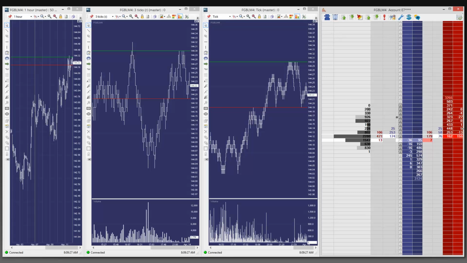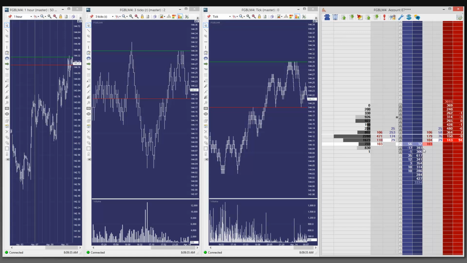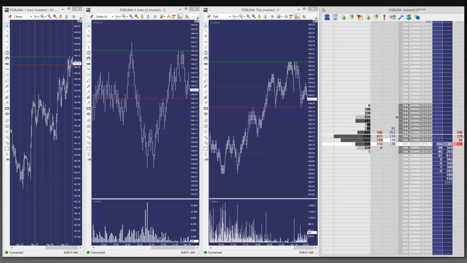In terms of combining the actual DOM and the numbers, the data's going through here, and the tick chart, basically control, if you see it now, we can see that the sellers are driving this down. Oh wow, look at that.